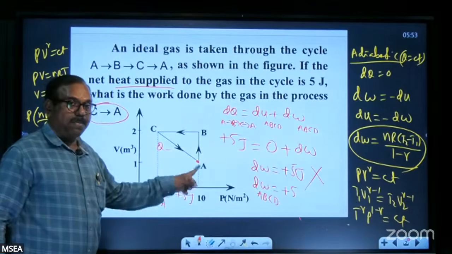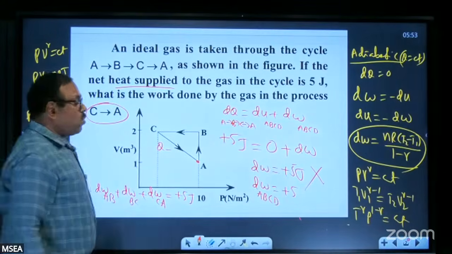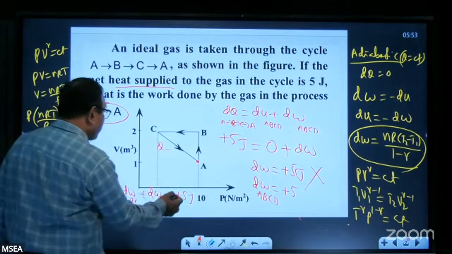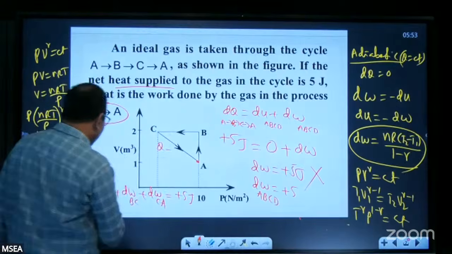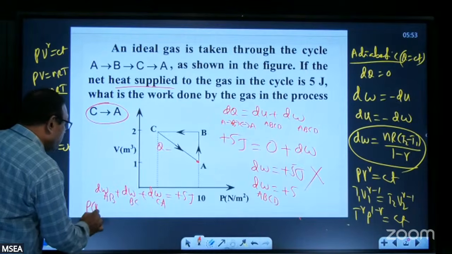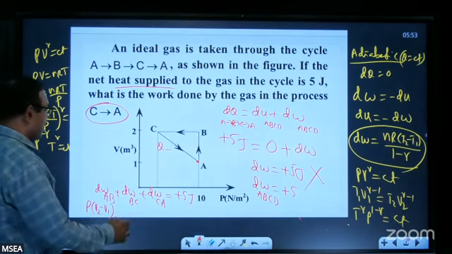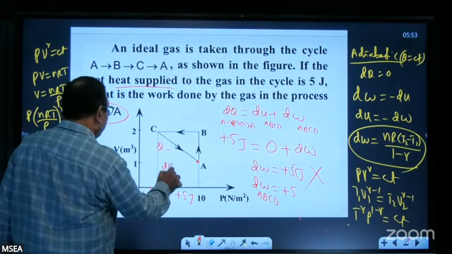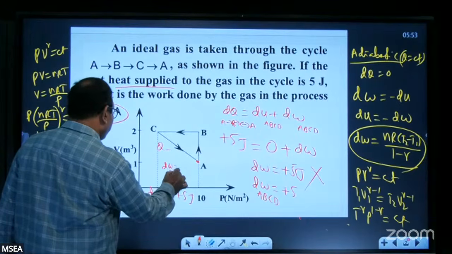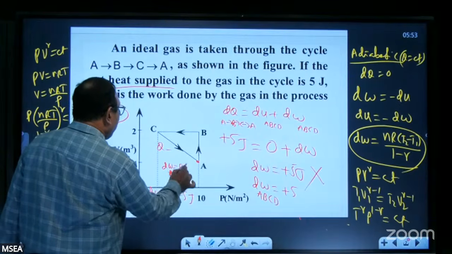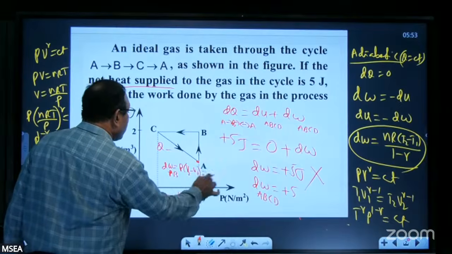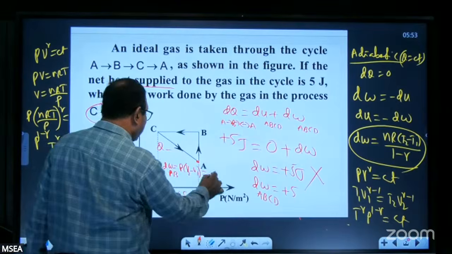A to B is what type of process? Isobaric. What is the formula for isobaric work done? It is P into V2 minus V1. So A to B, P into V2 minus V1, which should be equal to P, how much is it here? 10.